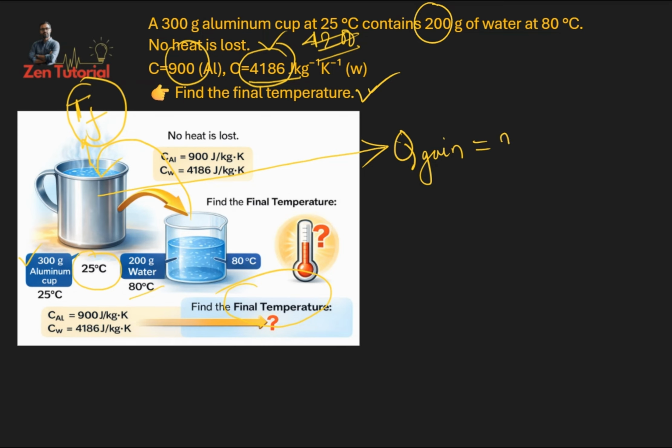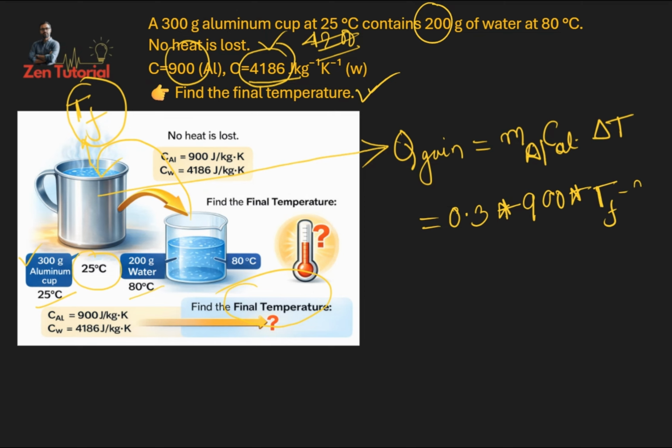So the equation will be m c, the specific heat of aluminum, and the temperature difference. The mass of the aluminum container is 300 grams, it means 0.3 kg, and the specific heat of the aluminum is 900, and the temperature is 25 degrees Celsius and the final is TF. So TF minus 25 degrees Celsius, right?